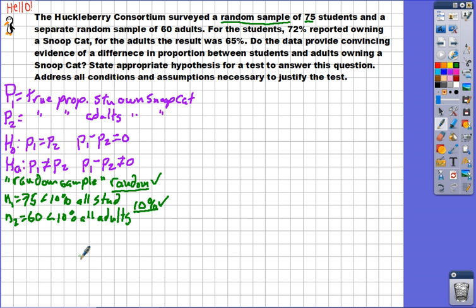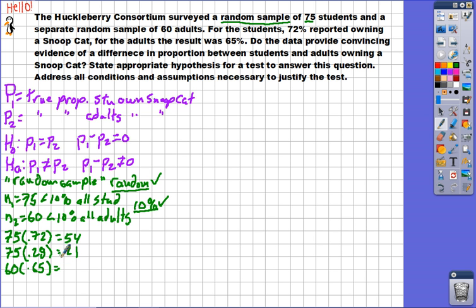What's the third one? The third one is large counts, or expected counts, that we have at least 10 from each. From our first survey, we had 75 and we expected 72% to be successful. That equals 54 students. And then 75 times the complement, 28%, gives us 21 students. Going on to n2, we have 60, and that 65% was the success rate.